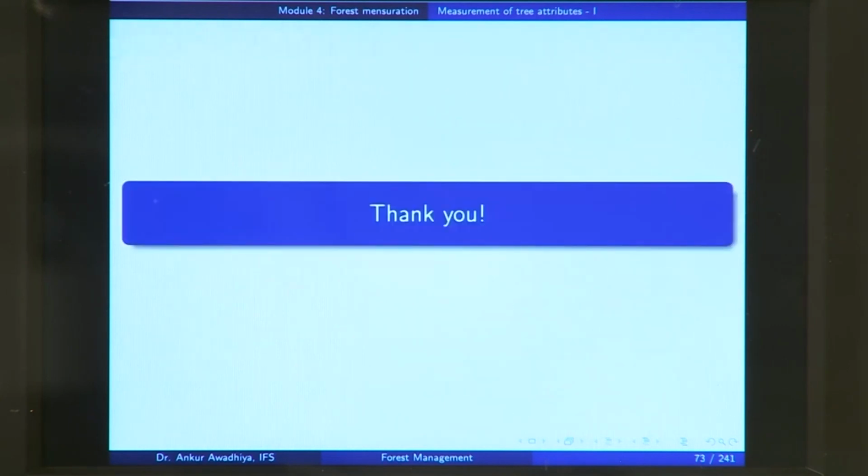So, in this lecture we had a look at how we measure certain tree attributes, and we began with the diameter. Now, we saw that in the case of natural trees, the diameter goes on decreasing with height. So, the trees taper. If you measure your diameter at any position that is closer to the ground, the diameter will be greater.